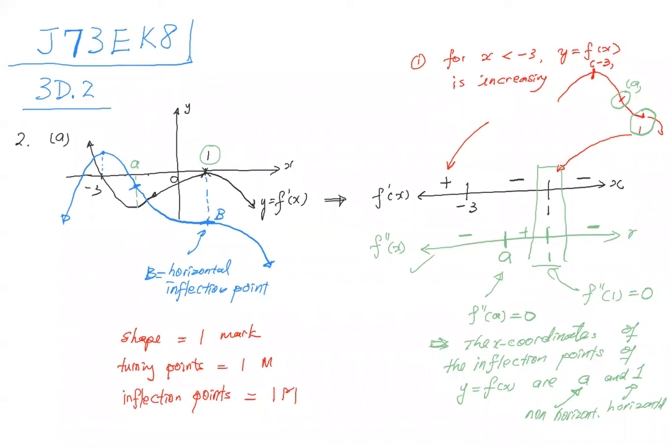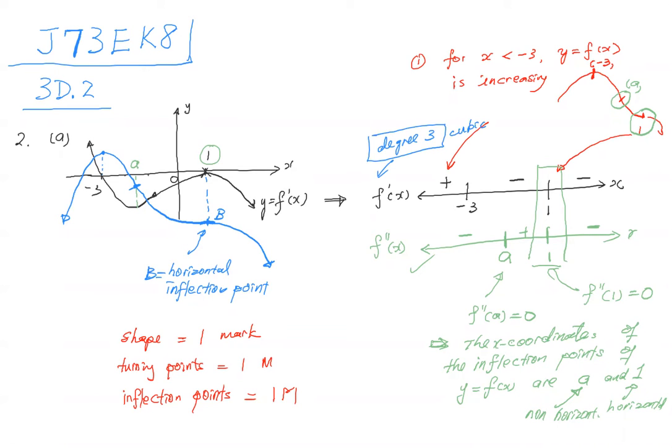By the way, we know that f prime x is what degree? It has 2 turning points, so it means it's degree 3. That means cubic.